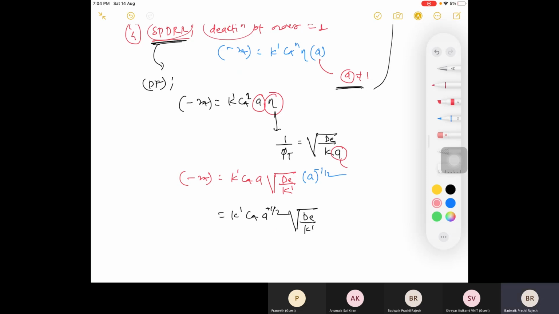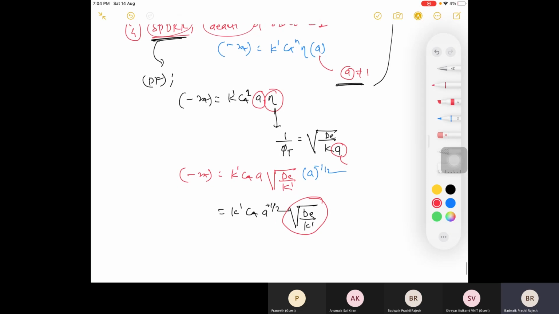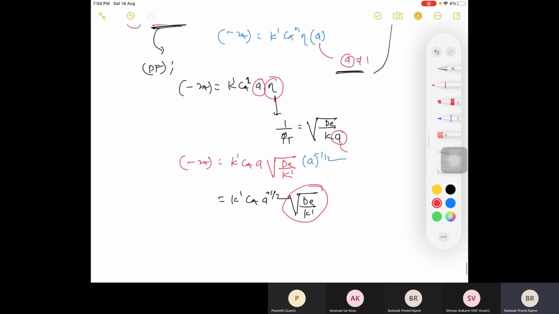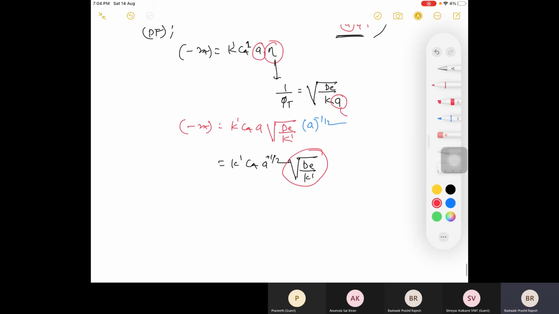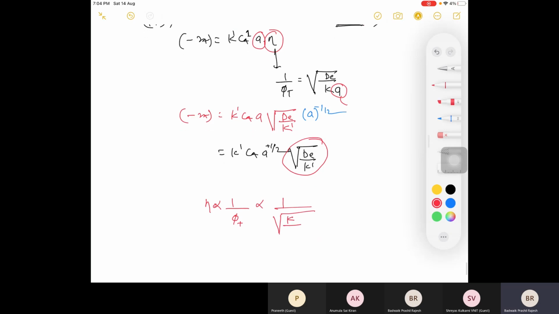Now can I write this as same as what my theta was? Like suppose if I'm doing that, efficiency is equal to 1 by theta modulus, inversely proportional to it. So I can write here as 1 by k theta d will be there.